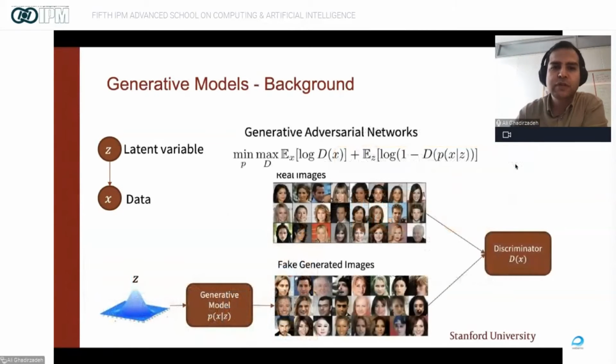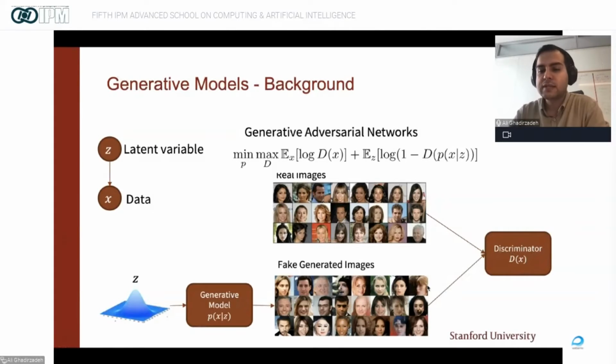Another way to build a generative model is through adversarial networks. That's by playing a min-max game. The basic idea is that we have a latent distribution, we sample from that, and we generate something; these are the fake images generated by our network. We provide some real images, and give them to a discriminator, and the discriminator tries to discriminate whether they are real images or fake images.